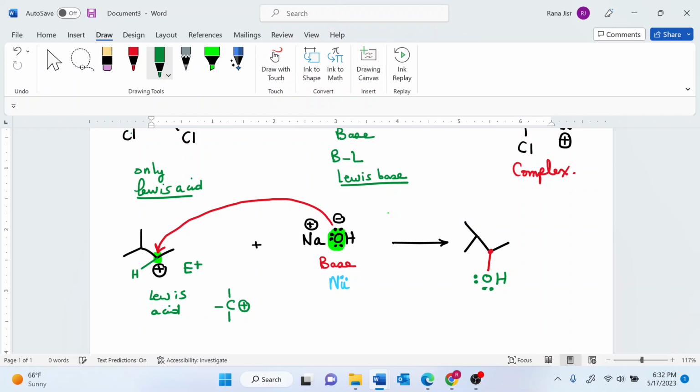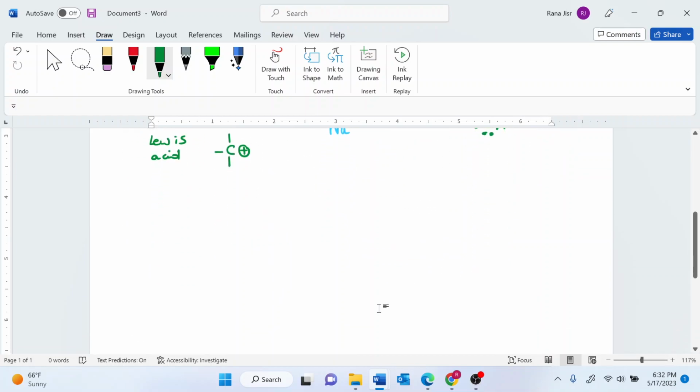However, you have hydrogen in here, and this hydrogen is still there. Nothing happened to it. So this carbon has 4 bonds, so it's a 0 charge. This oxygen has 2 bonds and 2 lone pairs, so it is a 0 charge as well. So this is going to be my complex from the Lewis acid Lewis base reaction.